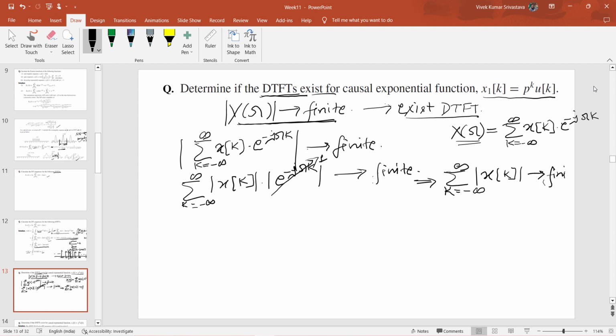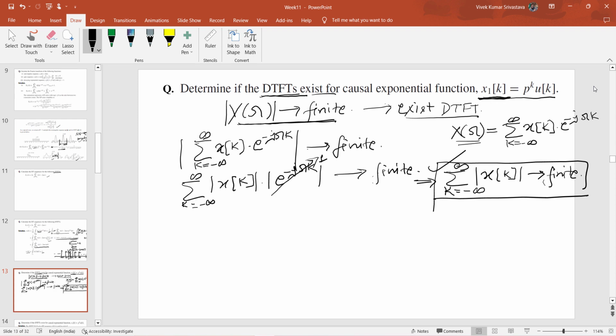Okay, so alternately we can say that if this condition is satisfied, then only we can say that the discrete time Fourier transform will exist. Okay, so here in the question itself x1 of k, the sequence, is given to us, so we will use this expression to check whether the discrete time Fourier transform will exist or not.